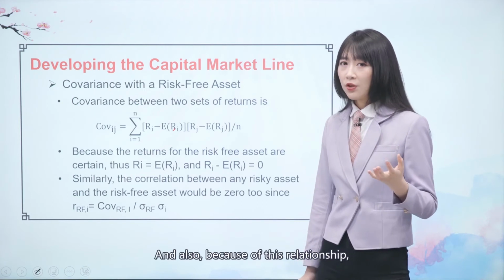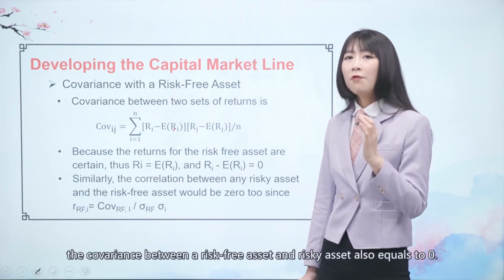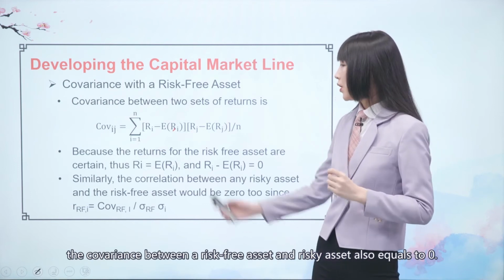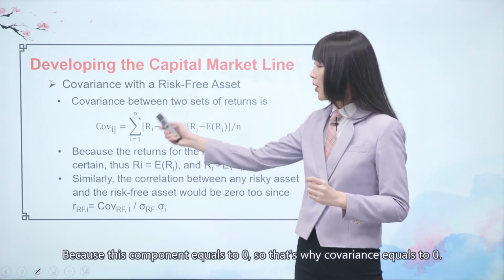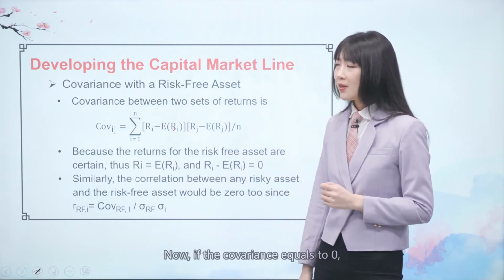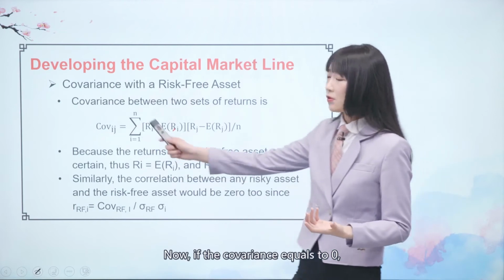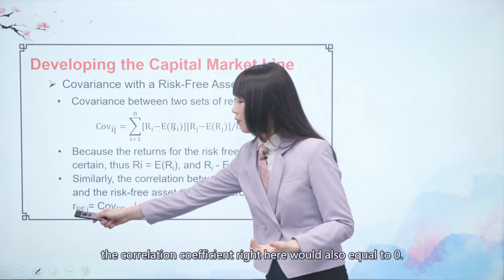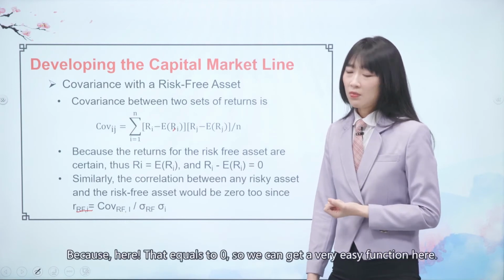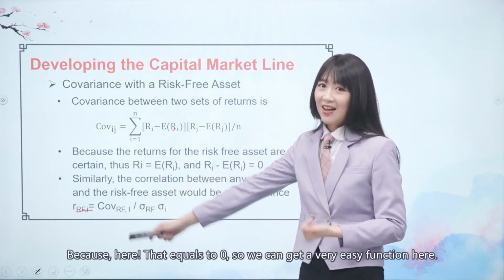Because of this relationship, the covariance between a risk-free asset and a risky asset also equals 0, because this component equals 0. Now, if the covariance equals 0, the correlation coefficient right here would also equal 0, because here that equals 0.